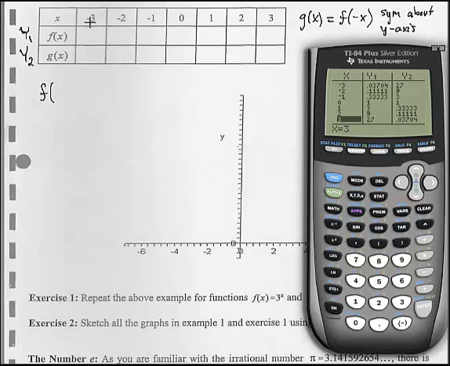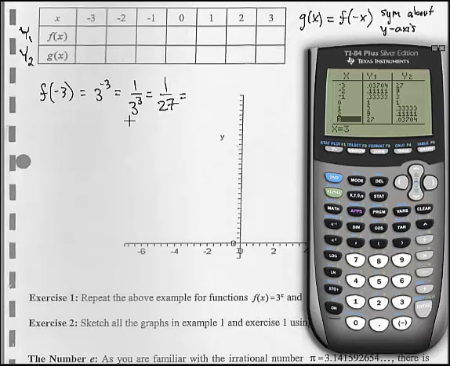Okay, f of x, we want to run from negative 3 to 3. So f of x is 3 to the x. Inserting a negative 3 for x would give us 3 to the negative 3, and we could write it as 1 over 3 to the third, which is 1 over 27.